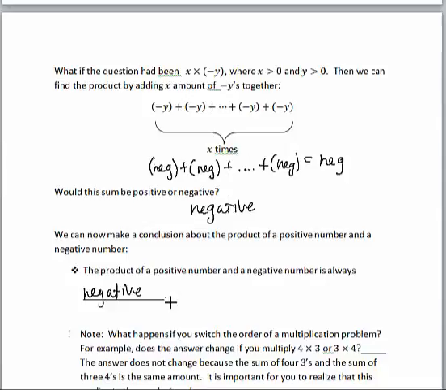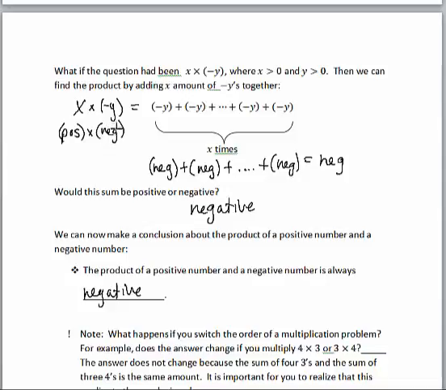Another way you could look at it is what we're doing here is we're saying that this is x times a negative y, which is a positive number times a negative number.